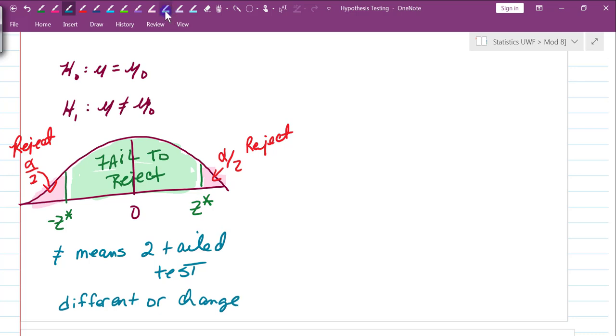So when you see, has the mean changed or is the mean different from a particular value, you're looking for a two-tailed test, in which case alpha is going to be split on each side, just like our confidence intervals. We want to minimize as much as possible a type 1 error.